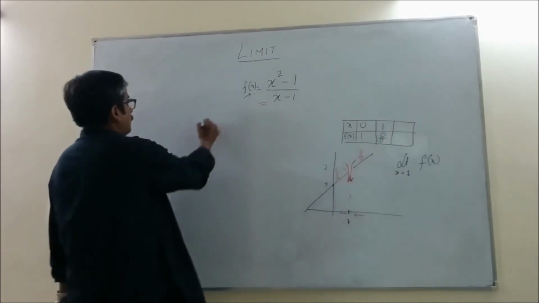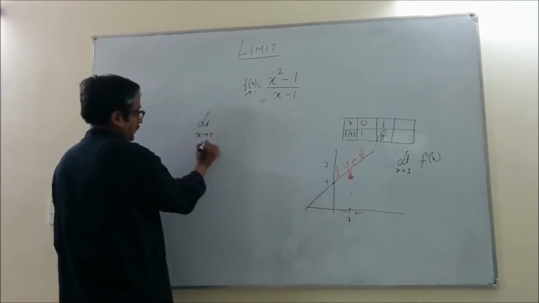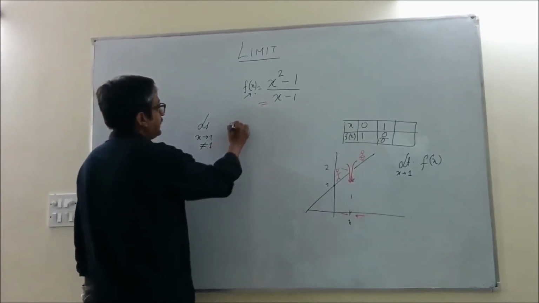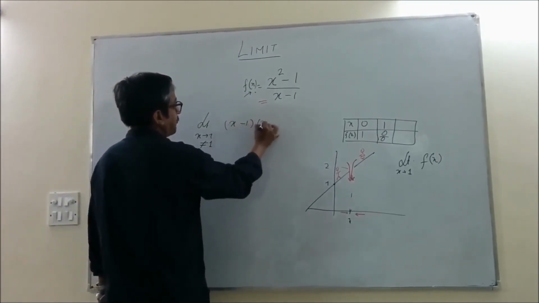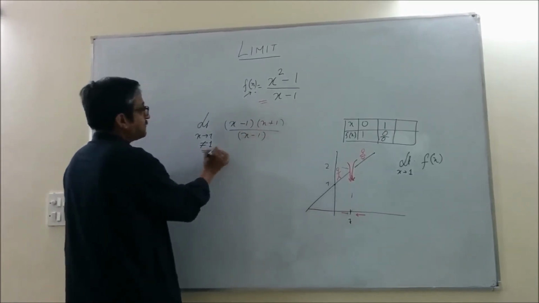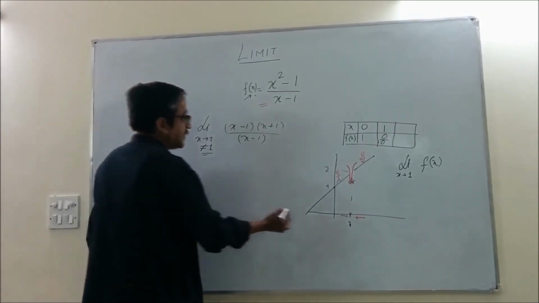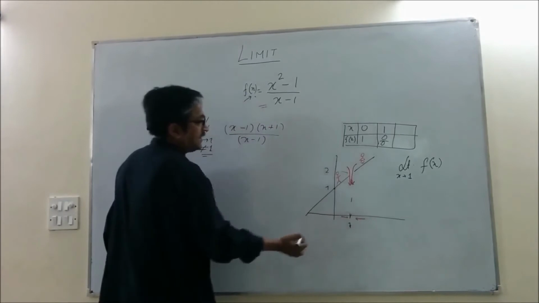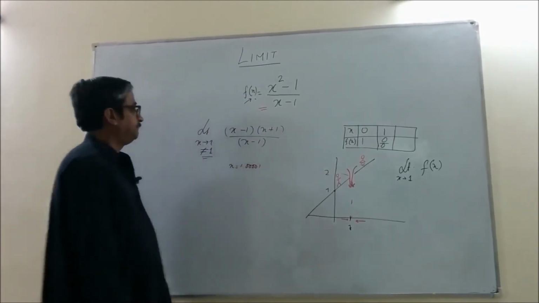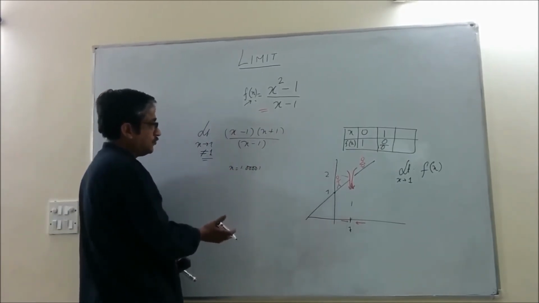Now, as x tends to 1, but not equal to 1, then my this form x minus 1 is not 0. Suppose if it tends to 1 from the right hand side, say x is equal to 1.00001, then x minus 1 is a small number, but it's not 0.